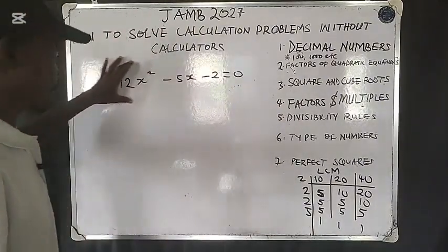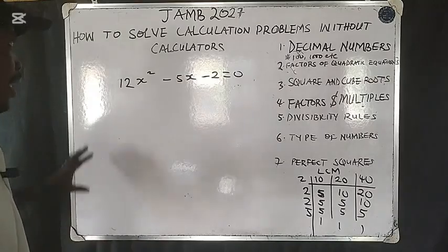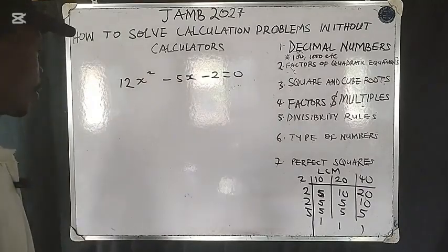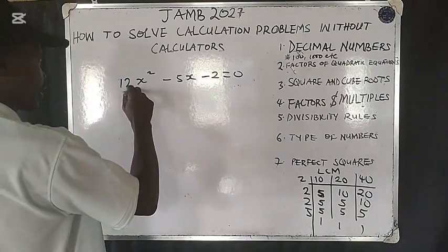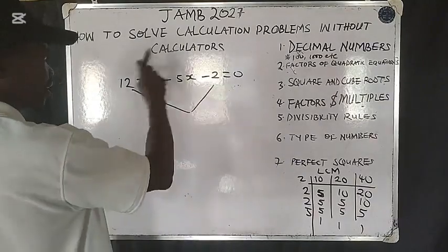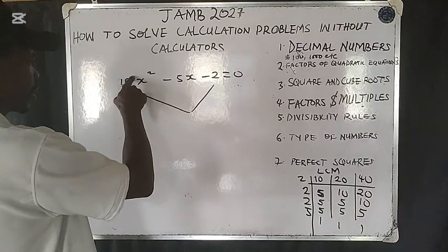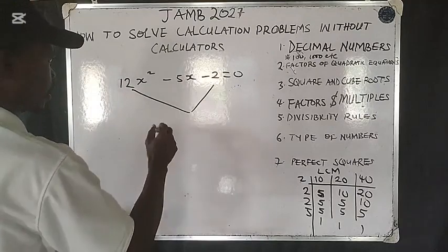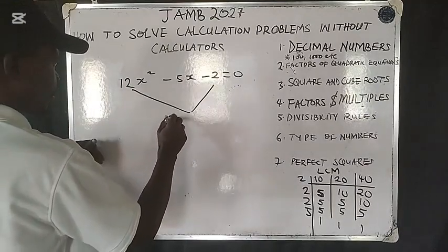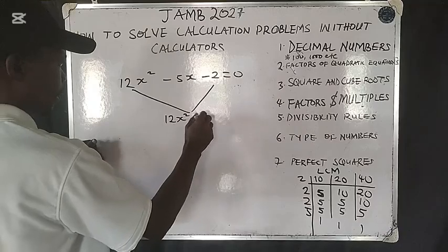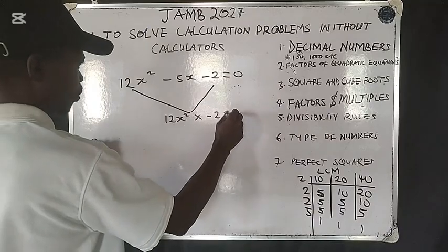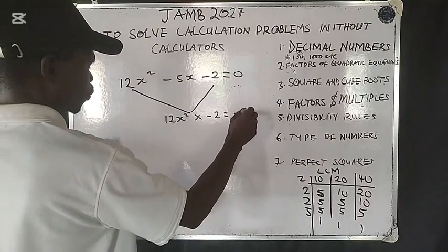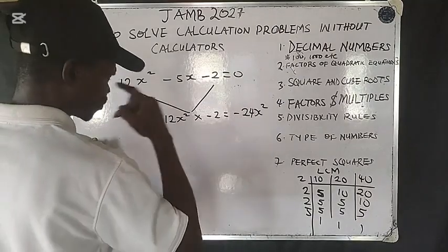This is a quadratic equation. And let's say we want to find the factors. The first thing we do is to say a times c, 12s squared multiplied by minus 2, right? So we do 12s squared multiplied by minus 2. And that will give us minus 24s squared.